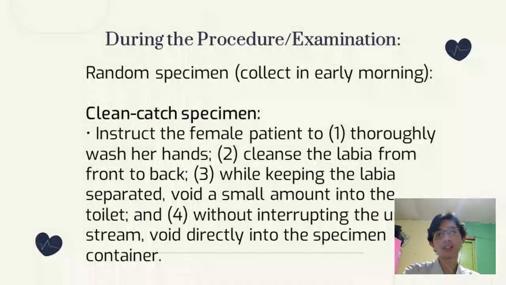For female patients, you should instruct them to thoroughly wash their hands, cleanse the labia from the front to back while keeping the labia separated. Void a small amount into the toilet, and without interrupting the urine stream, void directly into the specimen container.